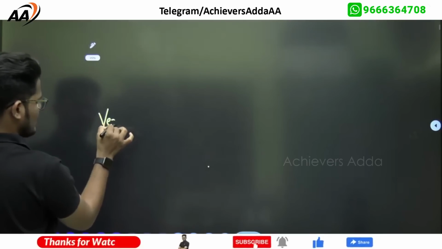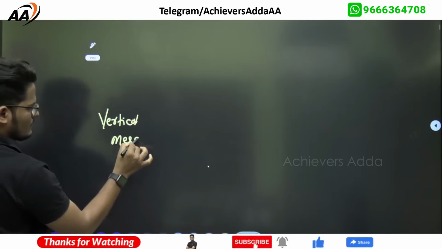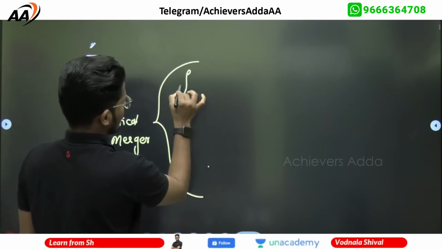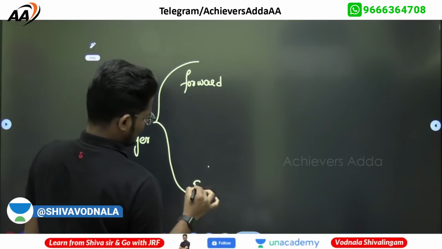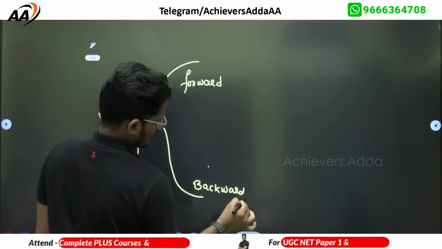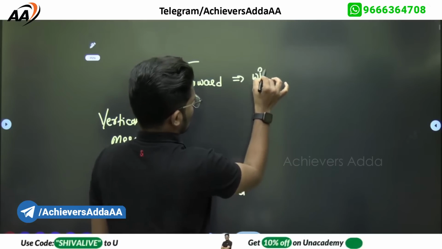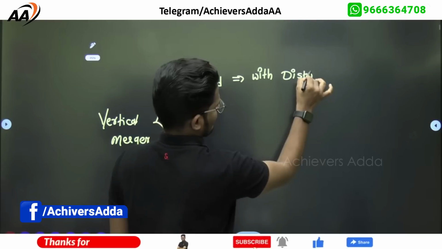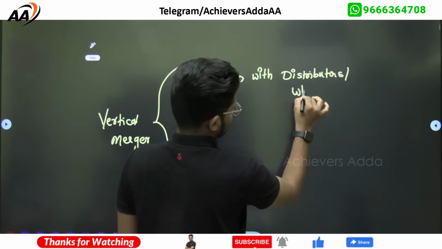This vertical merger is there now. Vertical merger is two types. One is forward, second one is backward. The forward is nothing but merging with distributors or wholesalers.